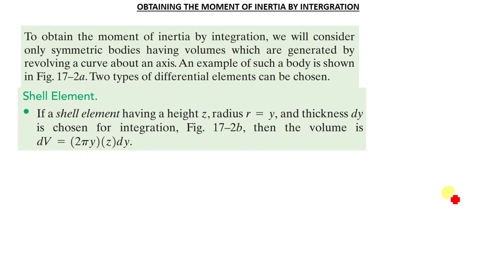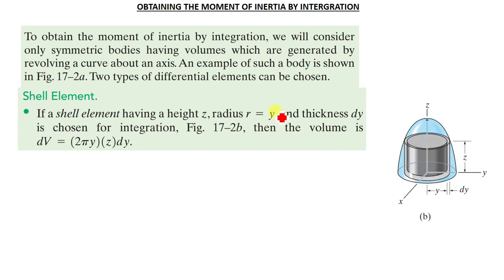If the shell element having a height z and radius r, which is equal to y, and the thickness dy is chosen for integration, then we need to say the volume.